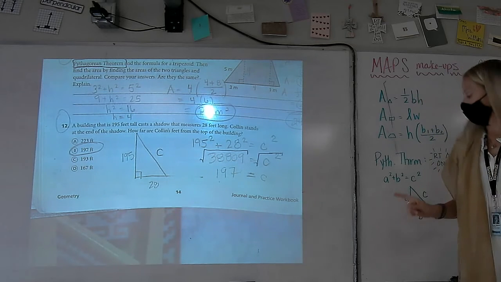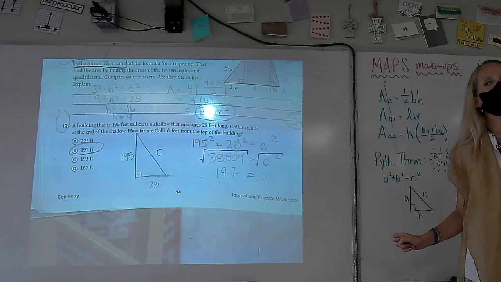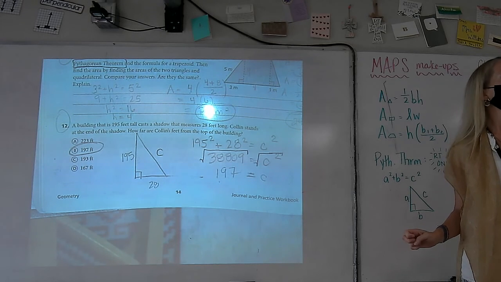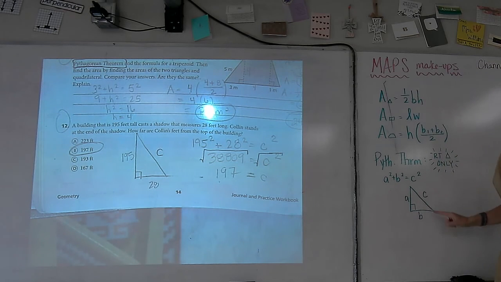Okay. So those 2 legs, leg squared plus leg squared equals hypotenuse. Anybody know where to find the hypotenuse? Where is the hypotenuse always located? Anybody know? Okay, so the hypotenuse is the side opposite the right angle.